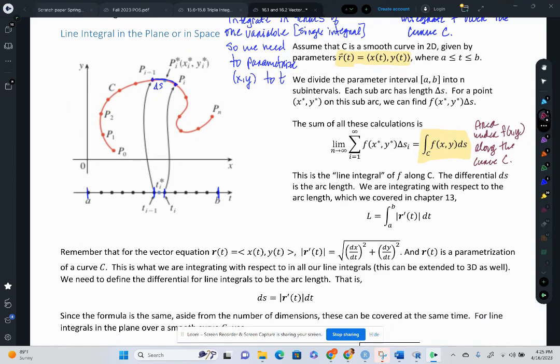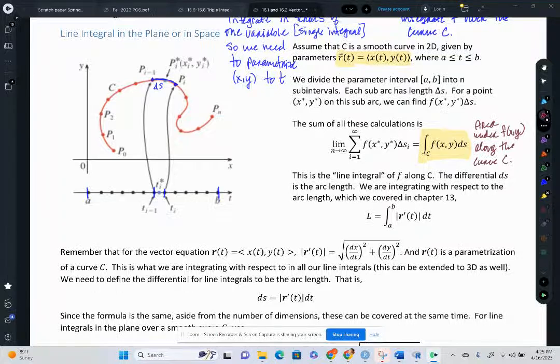So this integral that I've written here, this is a line integral, and the differential ds is just the arc length, right? So we're going to take a height and we're going to multiply it by a length, and that's going to give us an area. Now, we learned in chapter 13 a way to calculate arc length.